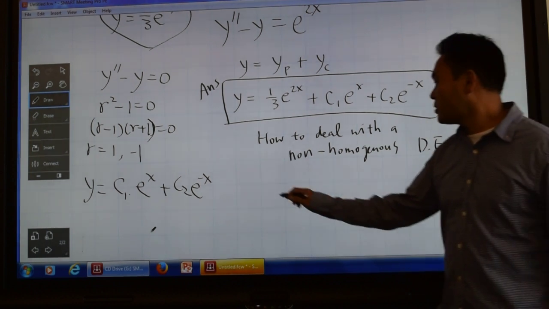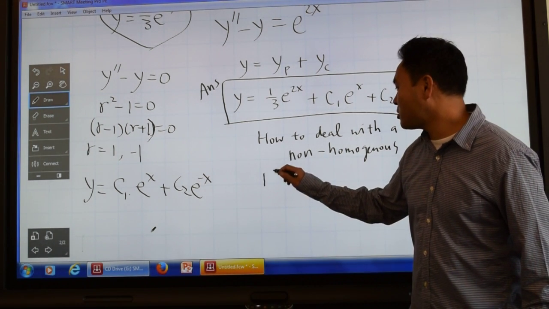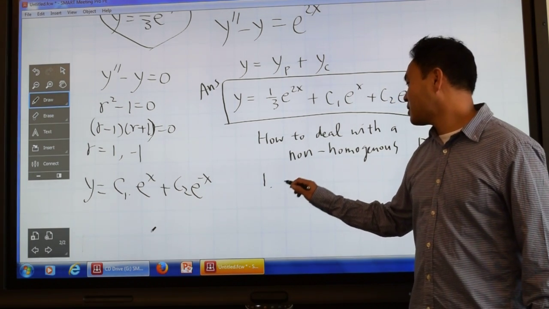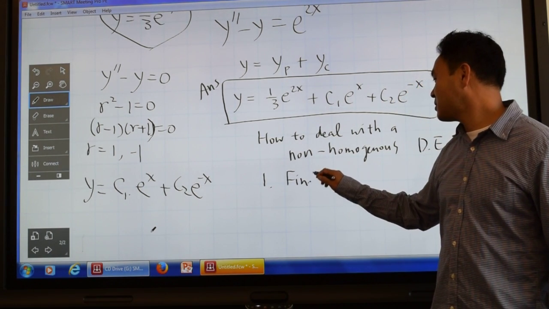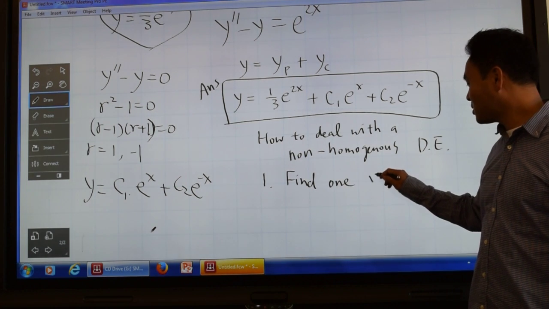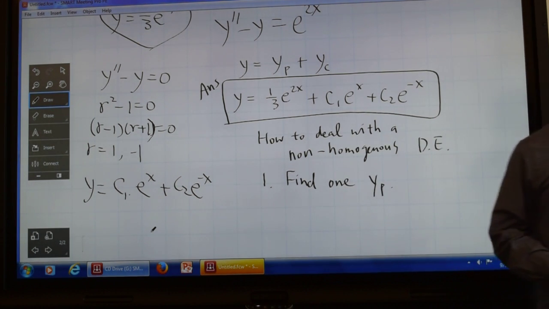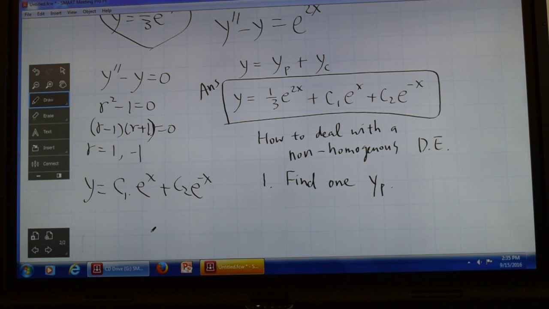Step one, find one yp, just one yp. Just do all you can. Just try to mimic the right-hand side and see what could produce things on the right side, and just use your imagination. Just try something. You don't need to get all, you just need one yp. Just make good guesses.